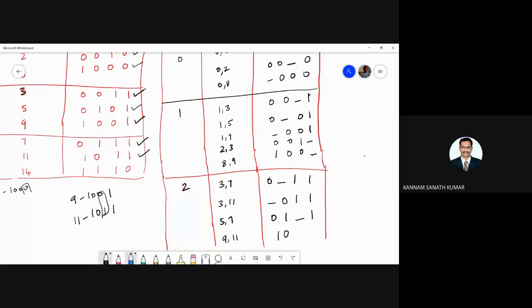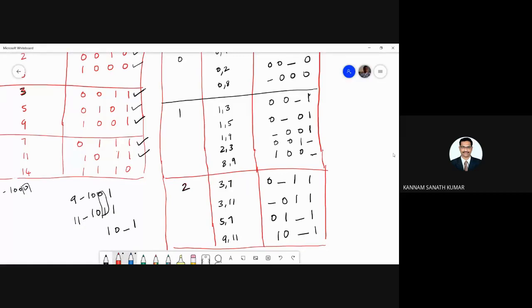So this is 1 0 dash 1. So this is over. So table 2, step 2 is over.